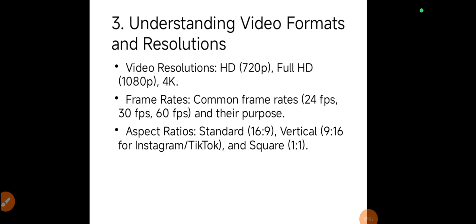When we talk about ratio, you must understand that different platforms have their own ratio. So you can't carry a video that is meant for Facebook and put it on Instagram, you get. So you need to know the ratio of each and every one of these videos.